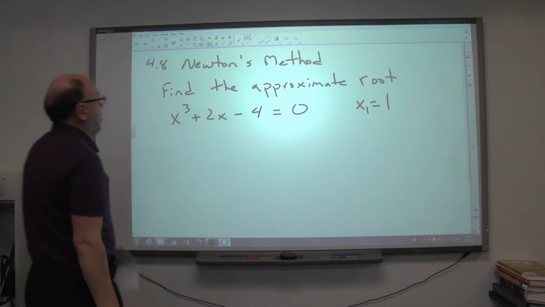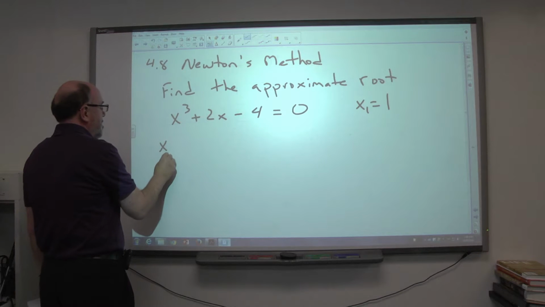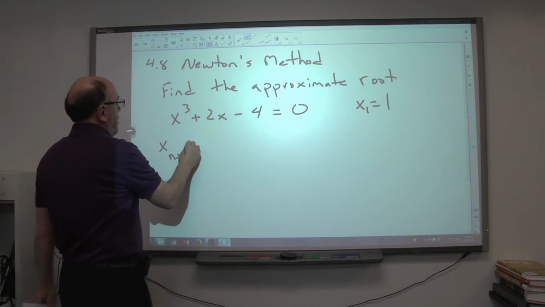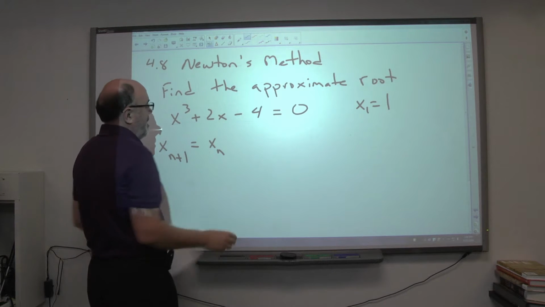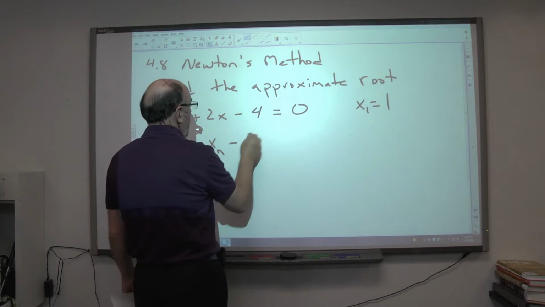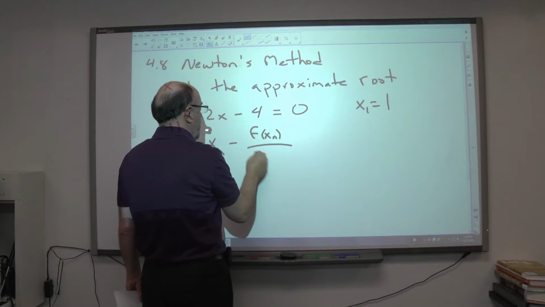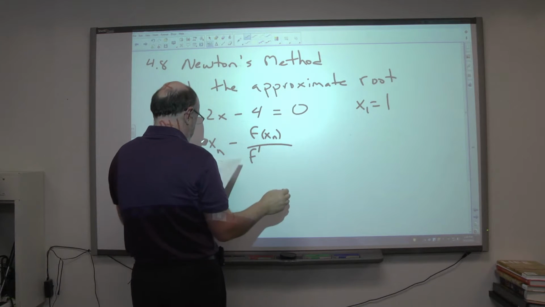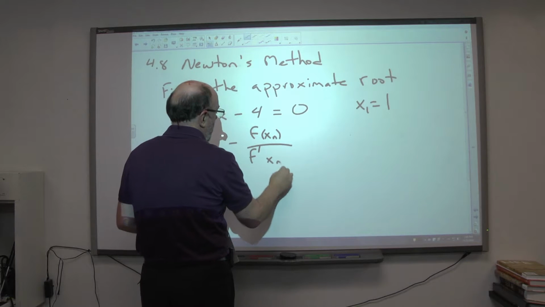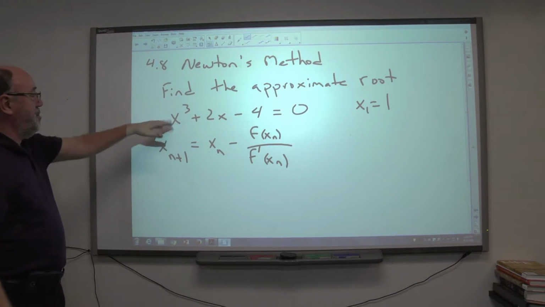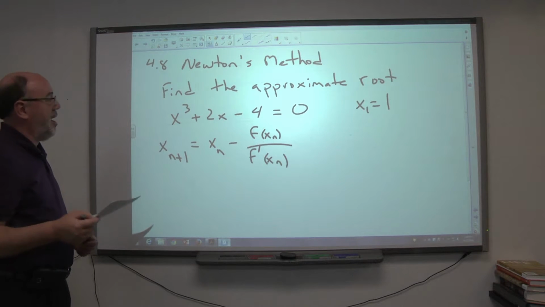But the method says that your next guess, x sub n plus 1, is your previous guess minus the function evaluated at that number divided by the derivative at that number.